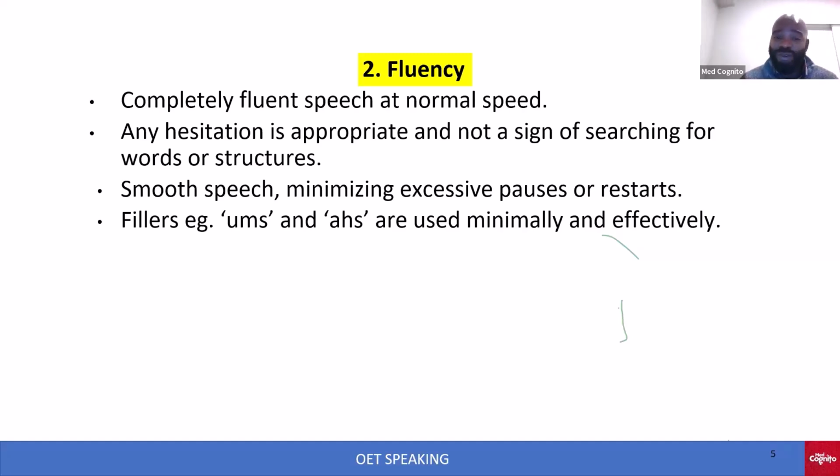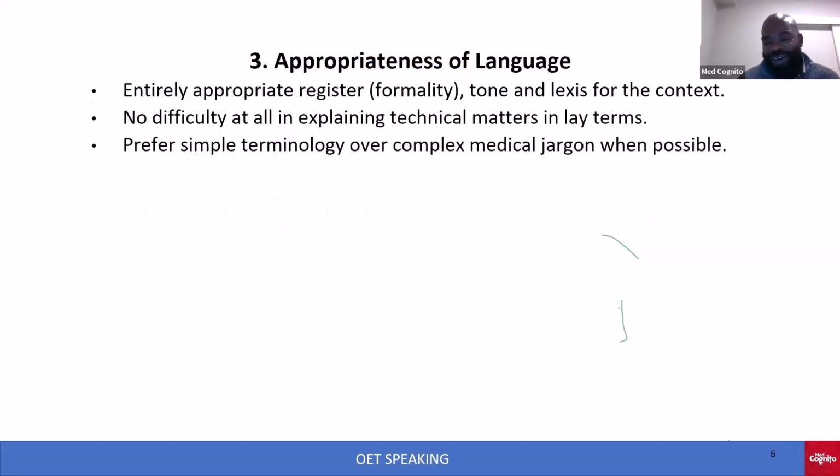And so under fluency, you should flow during the OET speaking test with very minimal hesitations, minimal distractions.